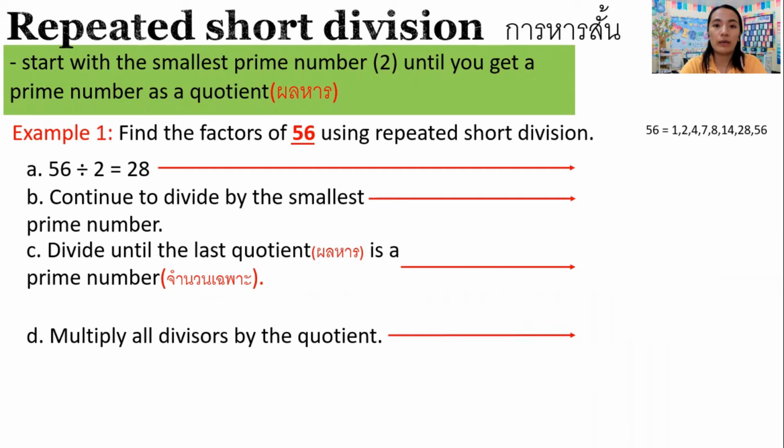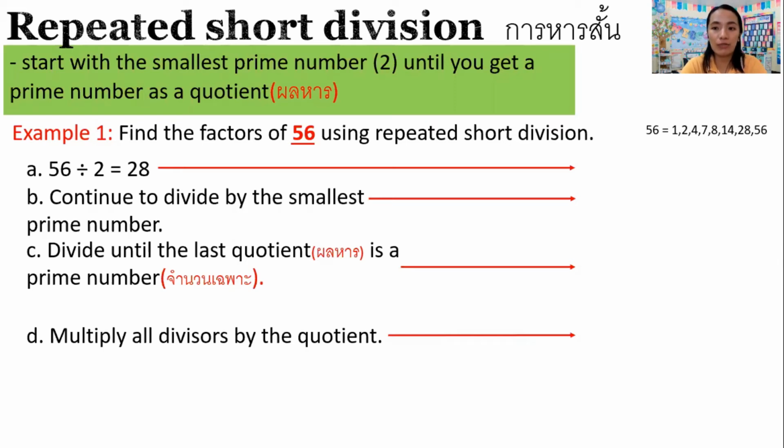When we are doing prime factorization using repeated short division, we start to write the smallest prime number, which is usually number 2, until you get a prime number as a quotient. Example 1, find the factors of 56 using repeated short division.